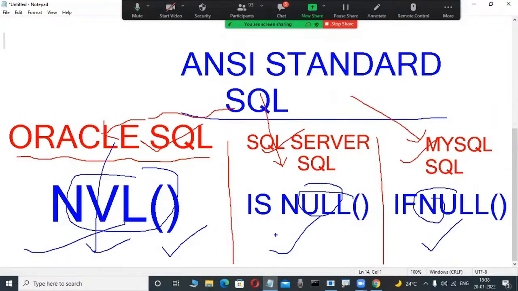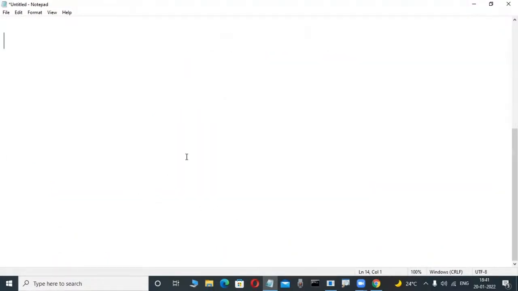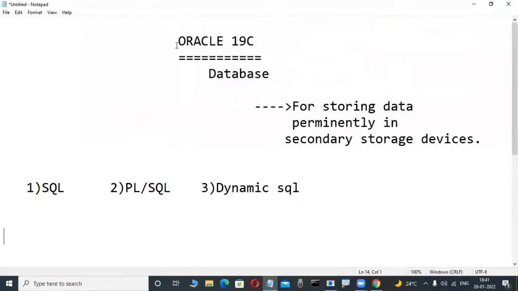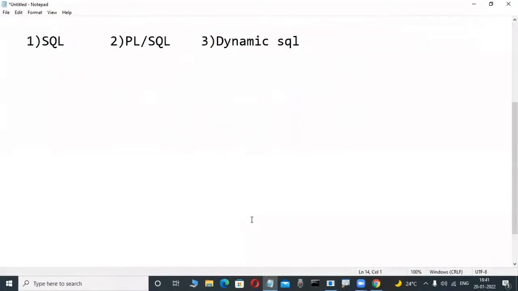That's why, always, SQL is an ANSI standard language, and from that, Oracle Corporation created their own SQL language, called Oracle SQL.